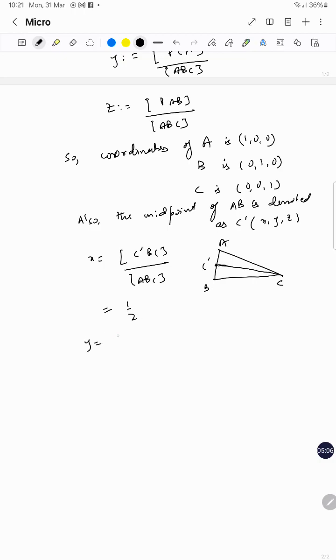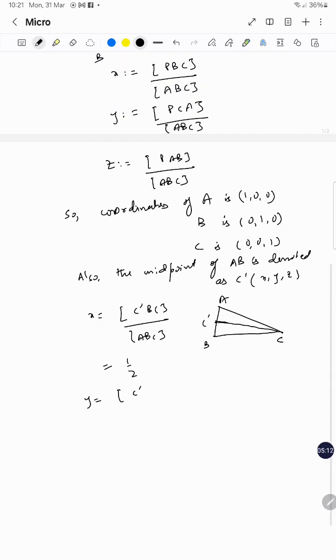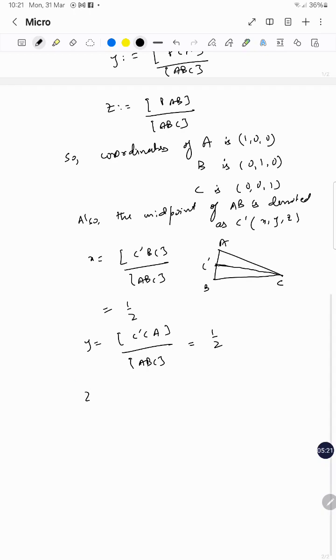Similarly, y is equal to C prime CA upon ABC, which is again half, and z is C prime AB upon ABC, which is 0.